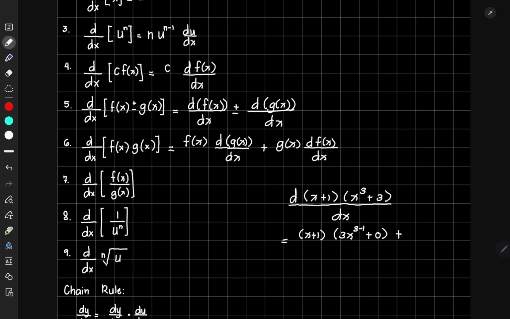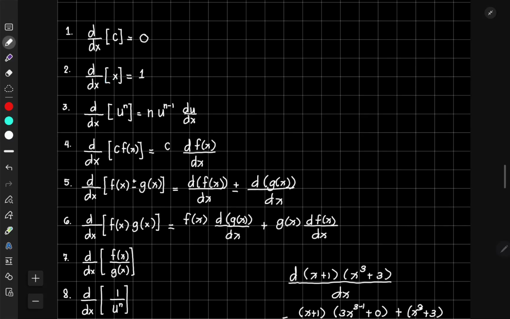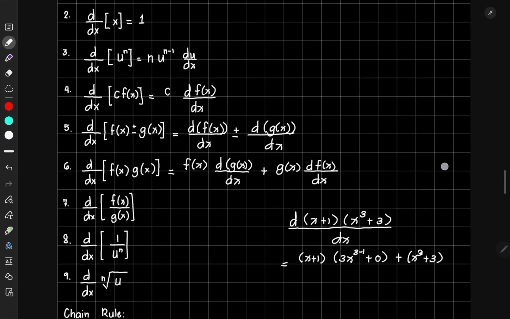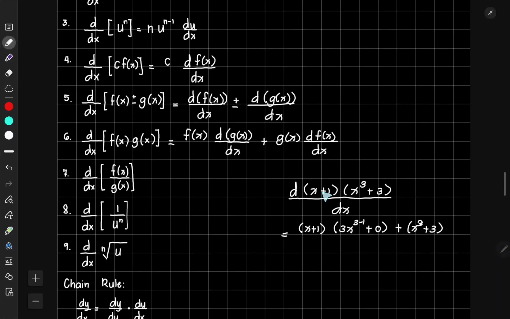Copy naman yung g of x, which is x cubed plus 3. But we have to get the derivative of the f of x. So, for the derivative of x, for our rule number 2, that is the identity rule. So, dx over dx, that is equal to 1. And then, yung derivative naman ng 1, that is equal to 0. So, 1 plus 0 lang to.